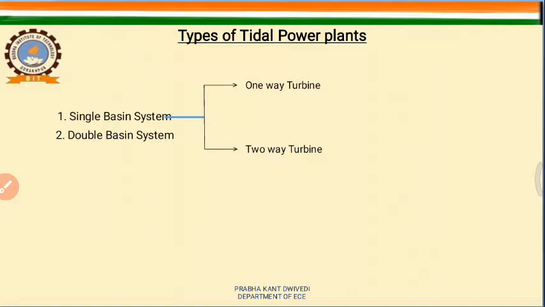On the basis of this, tidal power plants can again be classified as single basin one-way turbine or double basin two-way turbine. So we will discuss them one by one.